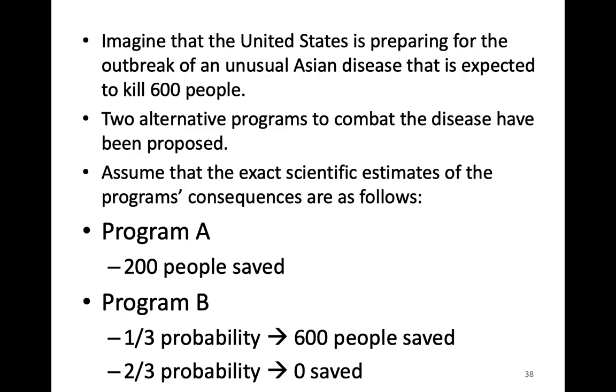If the United States selects Program A, 200 people will be saved. But if they go with Program B, there's a 1 out of 3 probability that all 600 people will be saved, but there's a 2/3 probability, that is a 2 out of 3 chance, that 0 people will be saved.